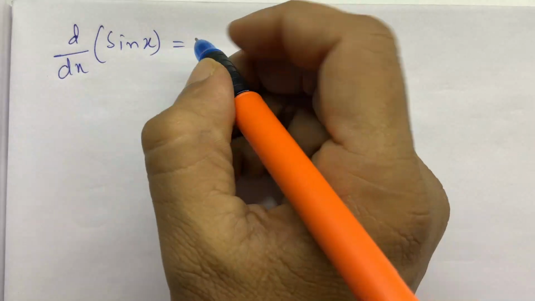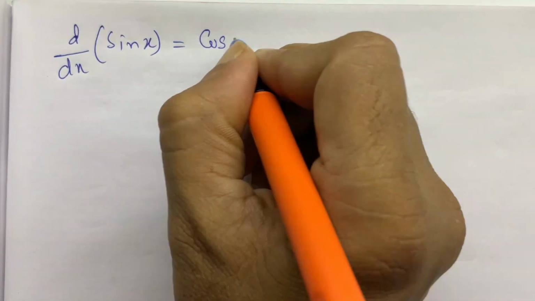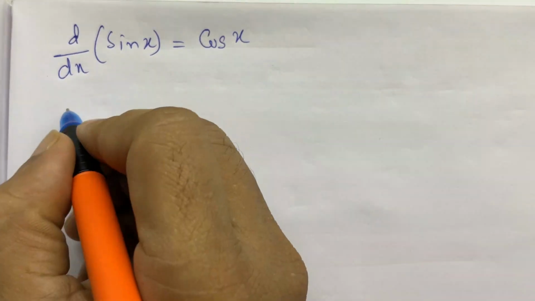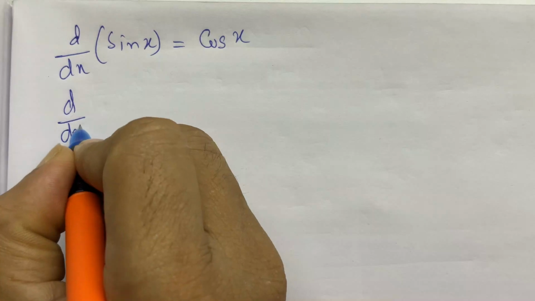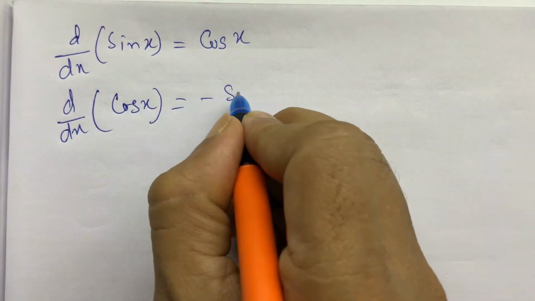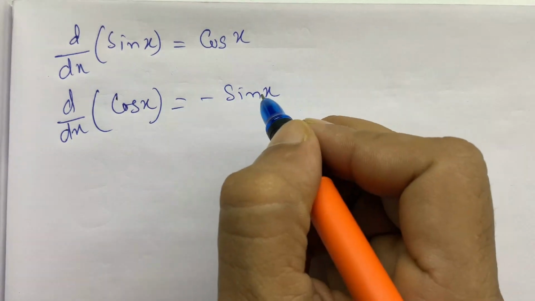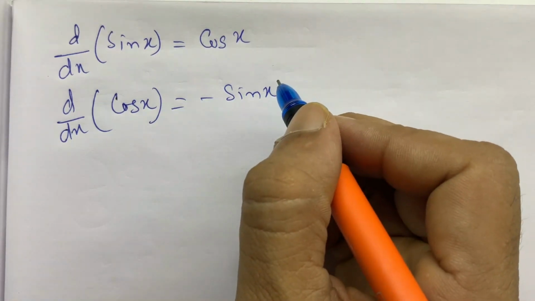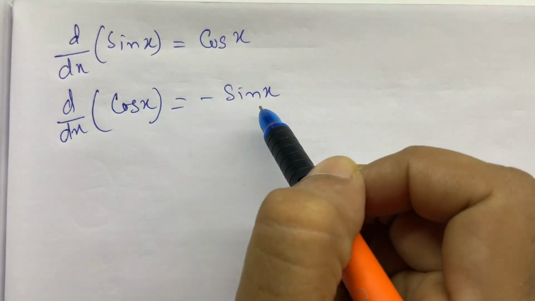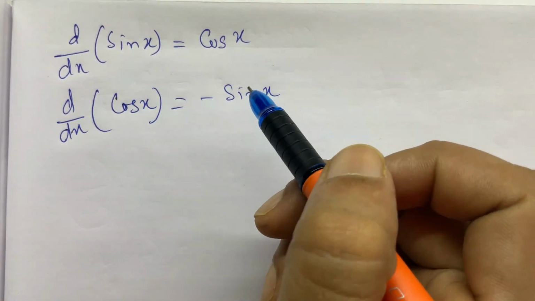First one is sin x, so the result we get is cos x. If we differentiate cos x, you will get minus sin x. So please remember, it is not cos x only, it is minus sin x.